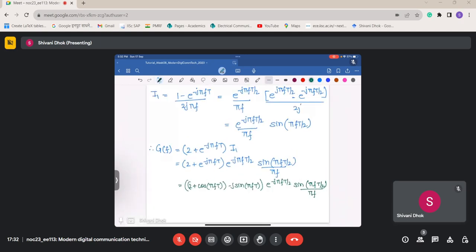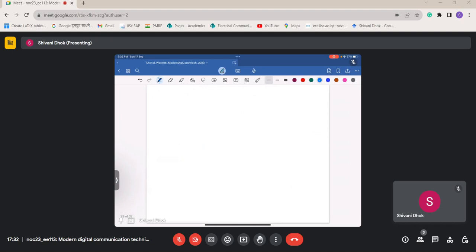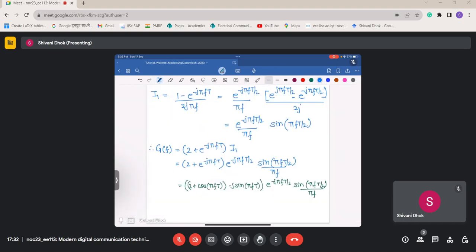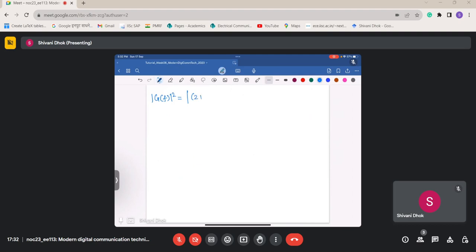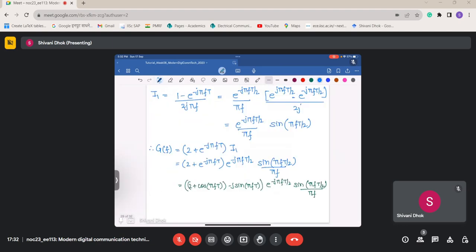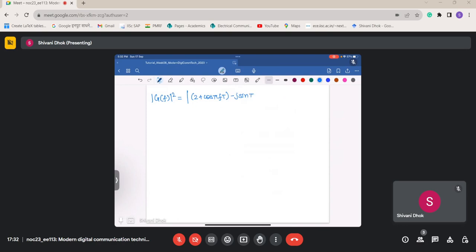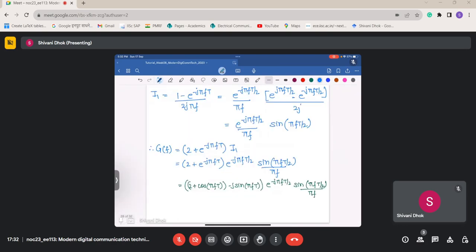Now let us look at the magnitude of G(f) square. This will be the magnitude square of 2 plus cos pi f T minus j times sine pi f T, multiplied by the magnitude square of this quantity.